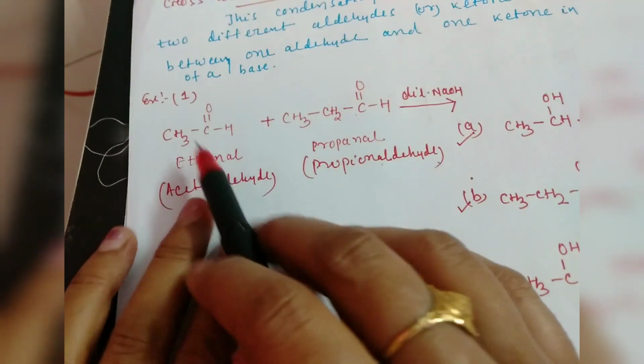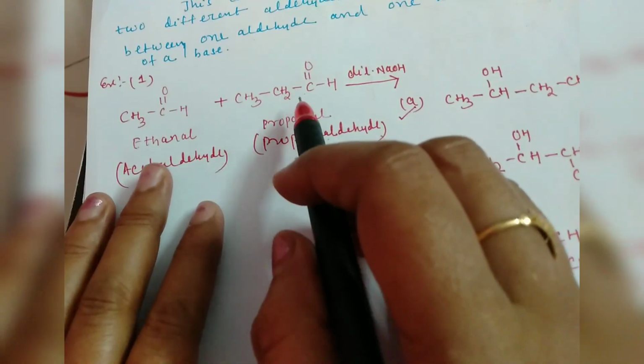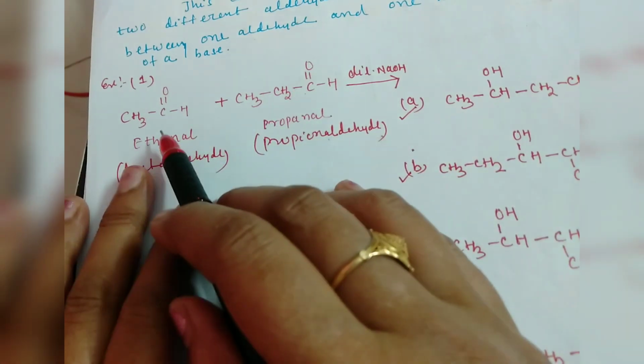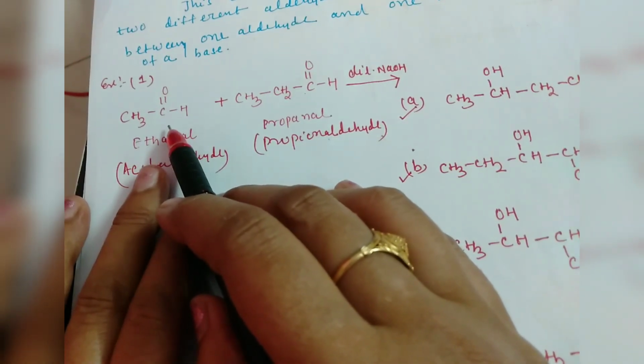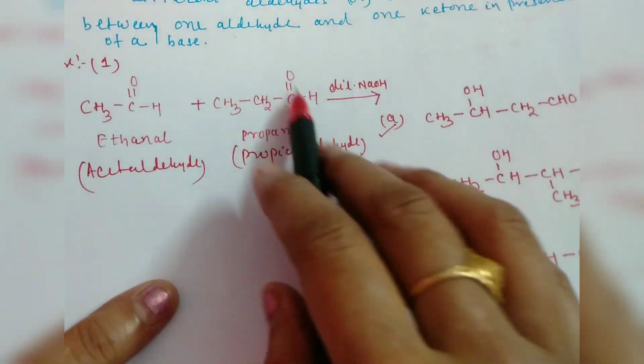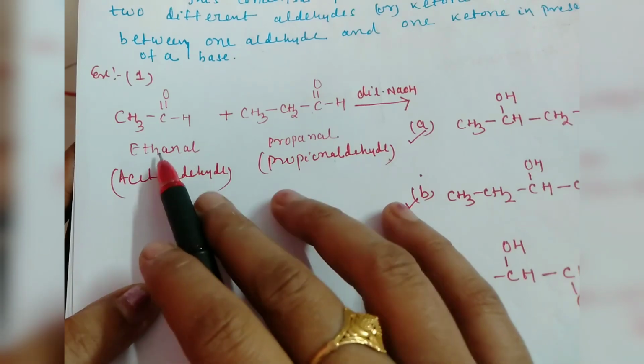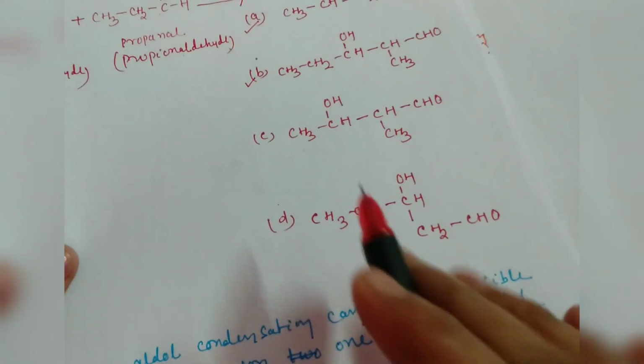Now the next product is between acetaldehyde and propionaldehyde. One will form the enolate ion and it will attack the carbonyl carbon of another aldehyde molecule. Now see here, first of all, when propionaldehyde forms the enolate ion and it attacks the acetaldehyde molecule, what will be the third product?